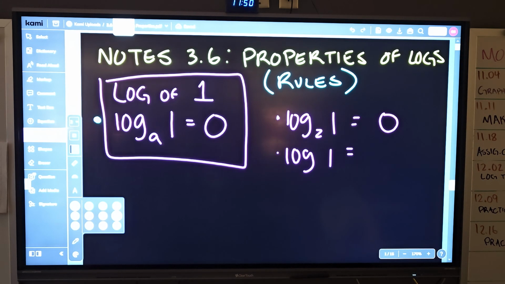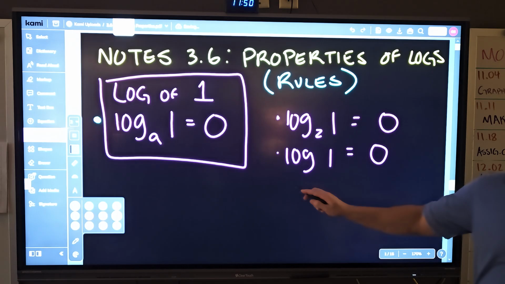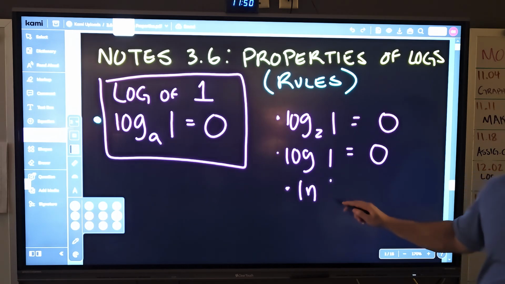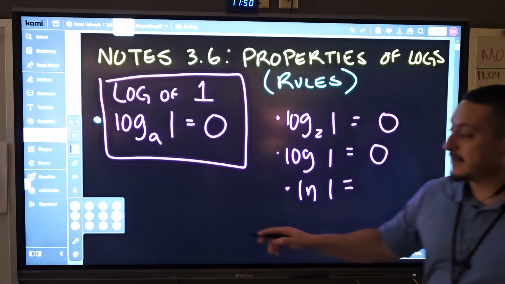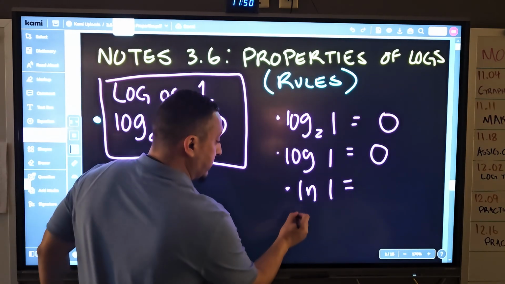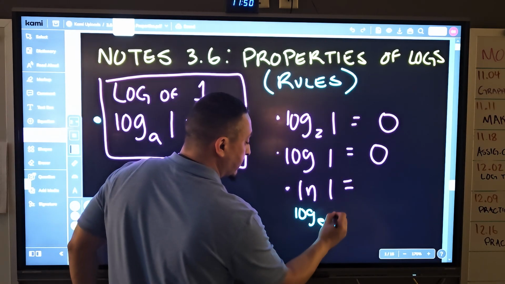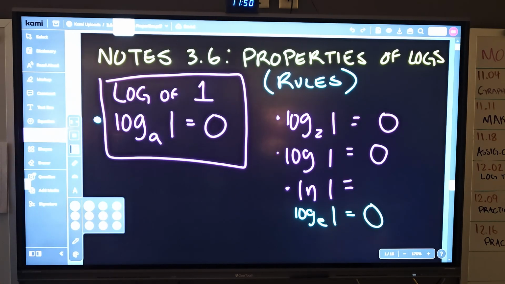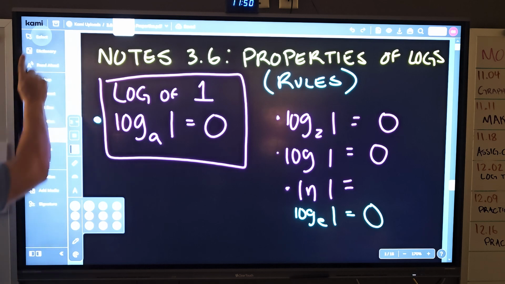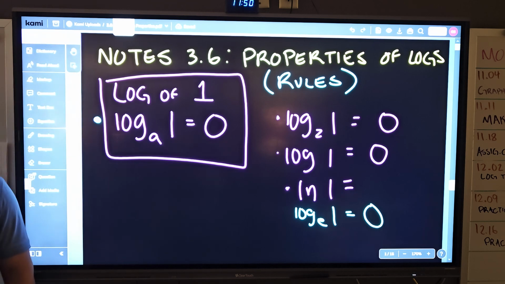Remember, no base means base 10, but again, it doesn't matter, it's still 0. ln, that one might be harder to see, but ln just means the log base e, so that's the same, 0. It doesn't matter what the base is. Of 1, it's 0. Make sense?